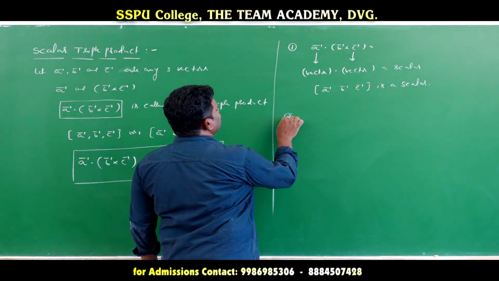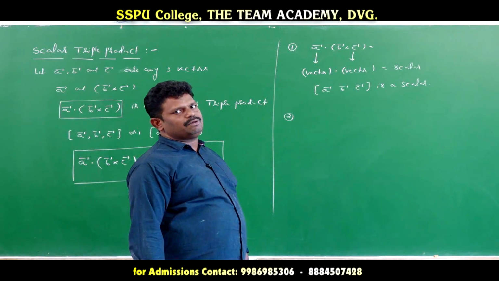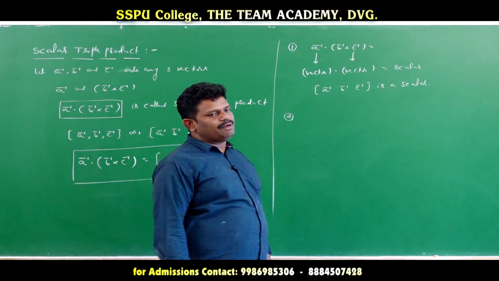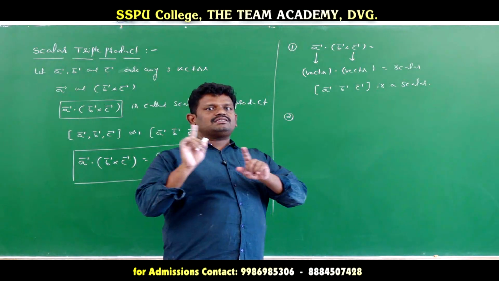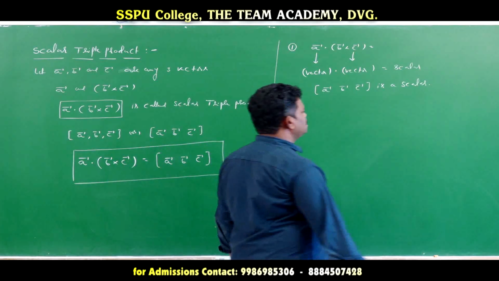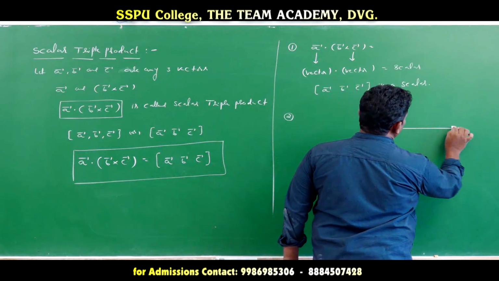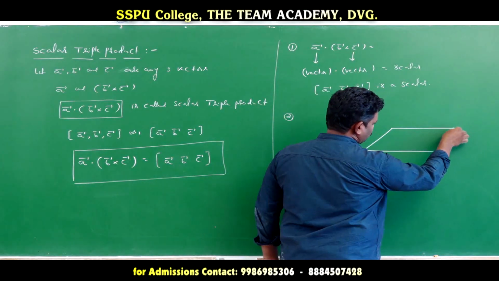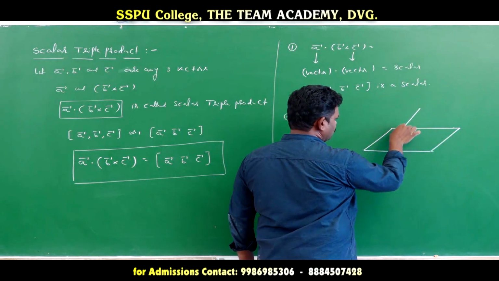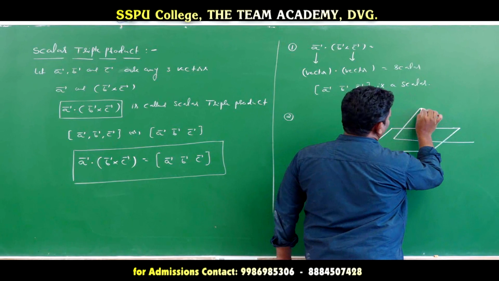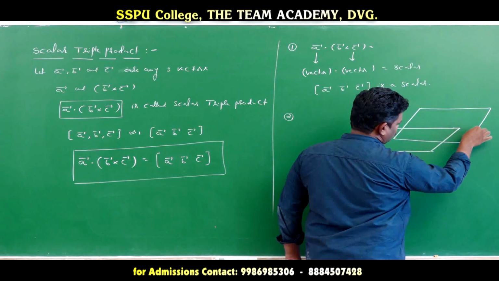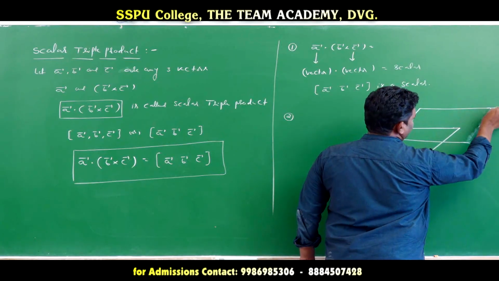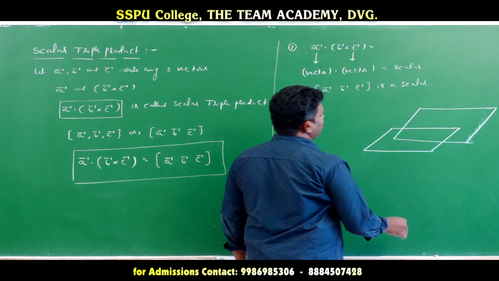Now another one: a three-dimensional geometrical figure is given, called a parallelepiped. A parallelepiped is a geometrical figure having 6 parallelograms.